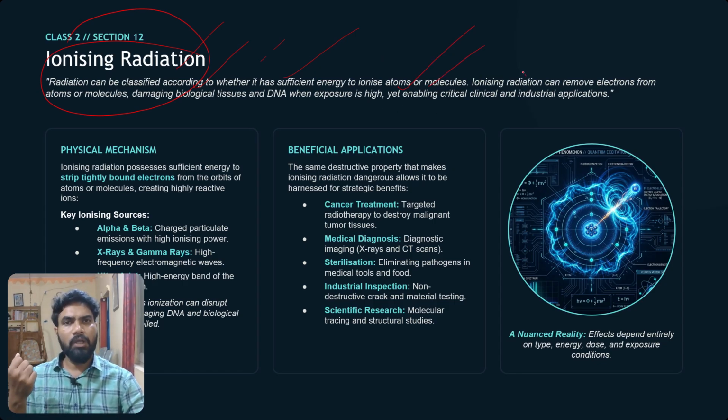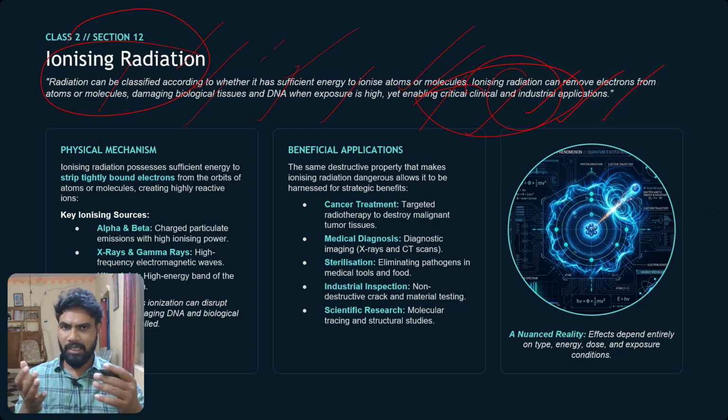Ionizing radiation can remove electrons from atoms or molecules, damaging biological tissues and DNA when exposure is very high, yet enabling critical clinical and industrial applications. There are some applications for those. For example, you might have seen laser light. It is dangerous. Then X-rays are also there. X-rays should not fall on our eyes, but X-rays are used to scan our bones.